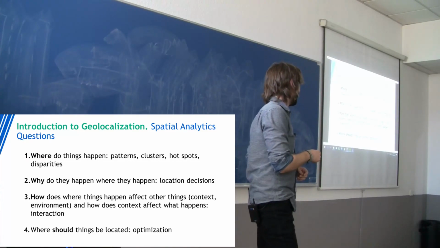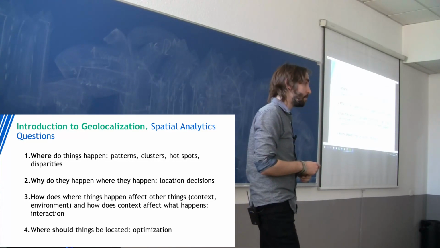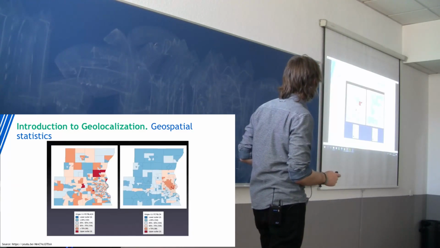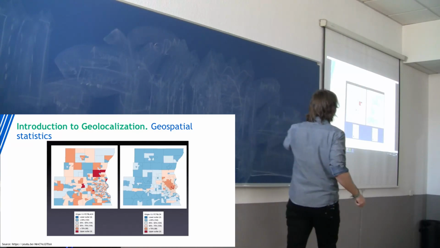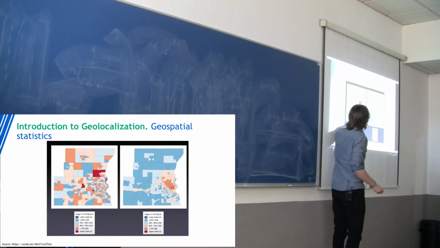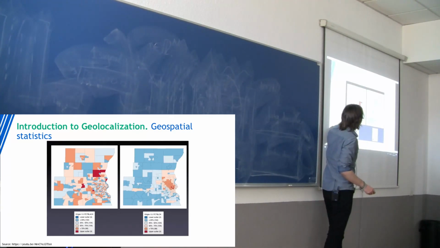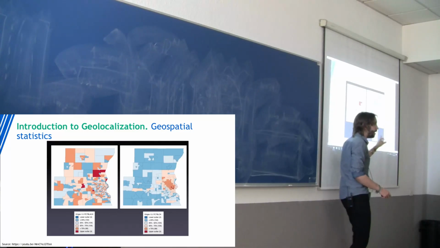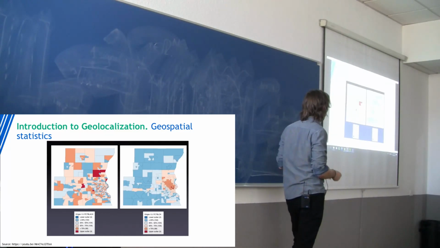How does where things happen affect other things? I would like to show this. For example, this is a map in which I've included random data randomly distributed in this city. And this is the real data, which is distributed in the center. It's the number of people and the density of the people.